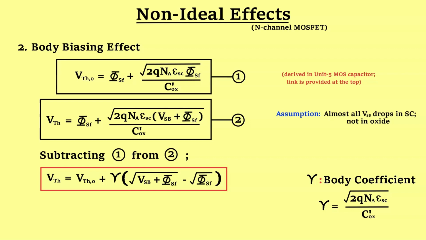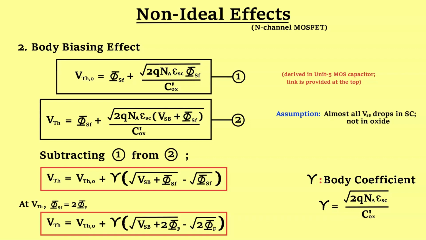We also know surface potential is equal to 2 times of Fermi potential at threshold voltage. So we can also modify the formula to get threshold voltage in terms of Fermi potential.